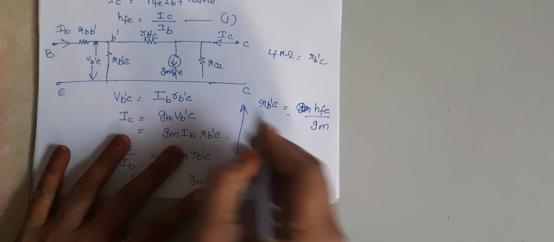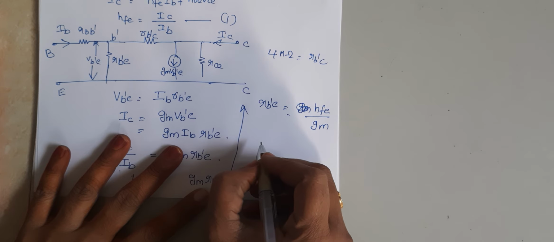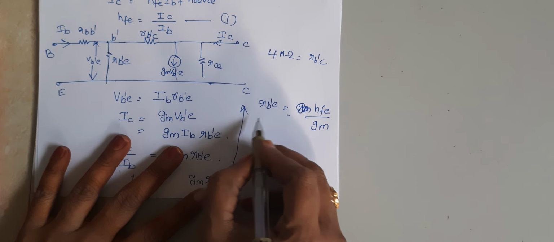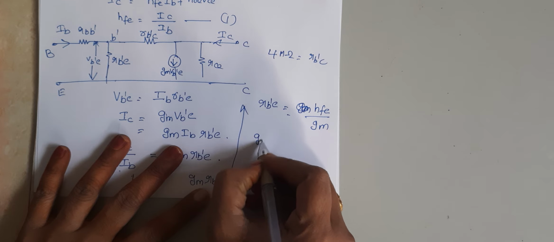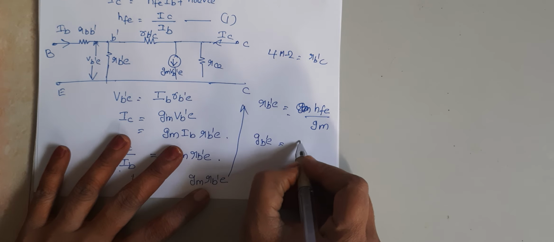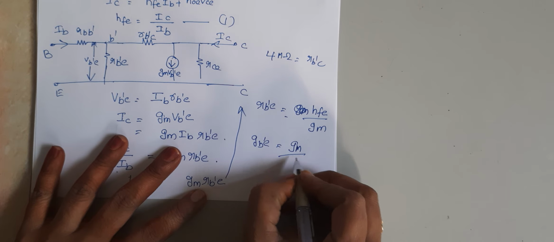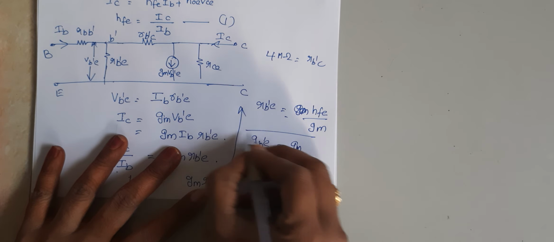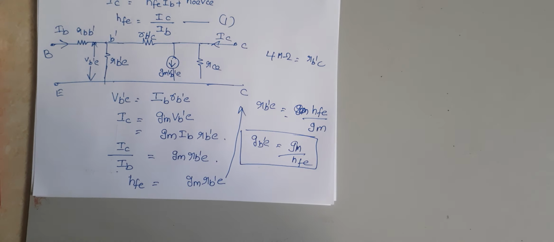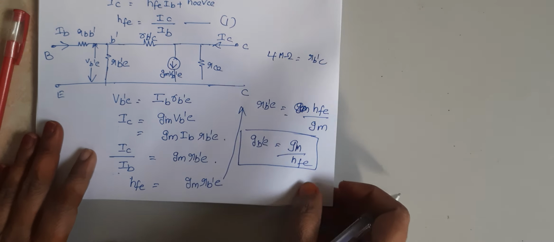For the input conductance, GB'E is equal to Gm by HFE.